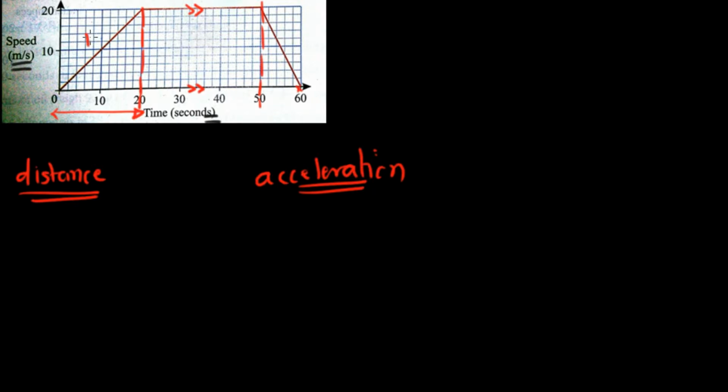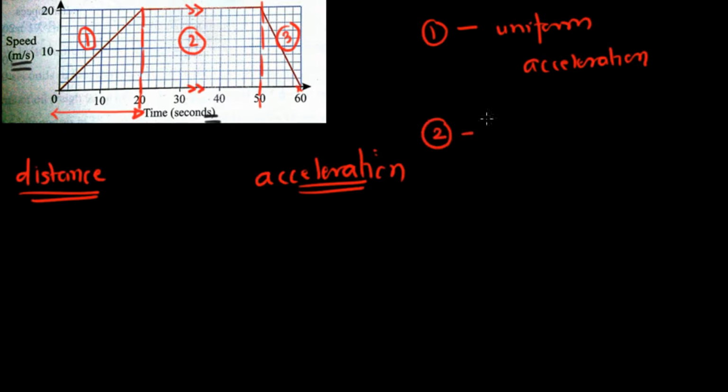So let me write down stage 1, stage 2, stage 3. Stage 1, as I told you, is uniform acceleration. It's very important to identify what's given in the graph. The second stage is uniform speed, or same speed.